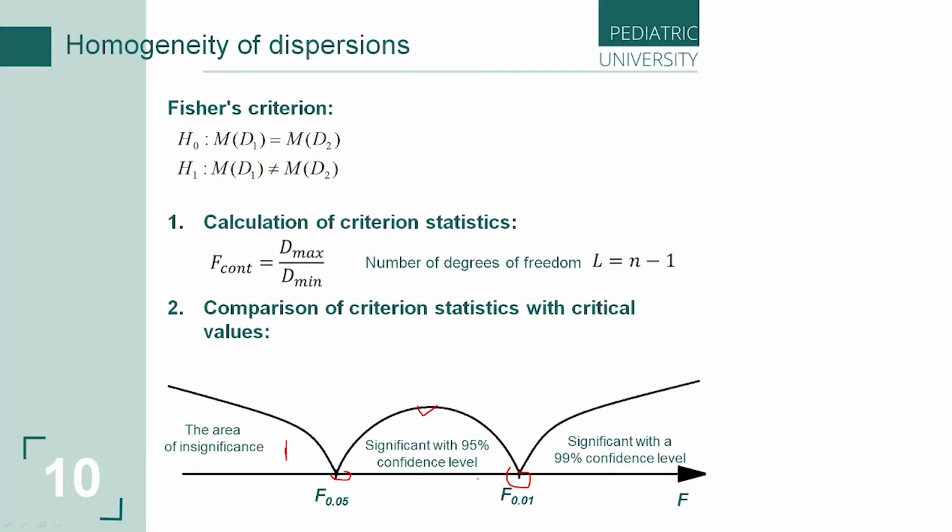But if the control value lies in the right-hand interval, the area of significance, we can say that the variances are statistically significantly different with a 99% confidence level. And in practice, you will test the homogeneity of the variances using this Fisher's criterion. And after that, you must write the conclusions of this criterion.